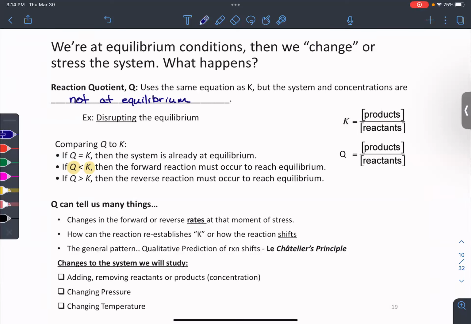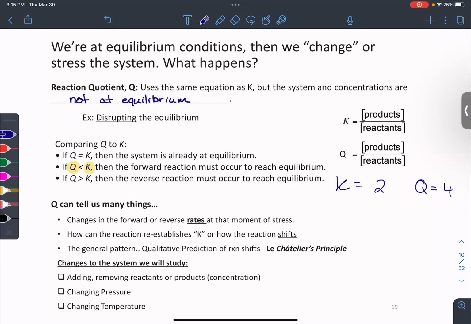Let's pretend I tell you that K is equal to 2 for some reaction, and then you set up a reaction where Q is equal to 4. So what you put in the vessel, when you calculate concentrations, gives you Q of 4. What does that mean?